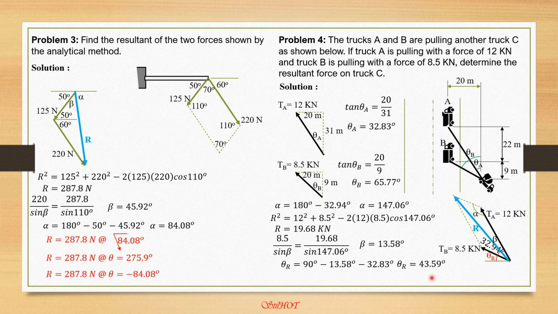So finally, we express the answer as 19.68 kilonewtons, which makes an angle with the horizontal of 43.59 degrees from the left. So that's the direction of R. So that's the answer.